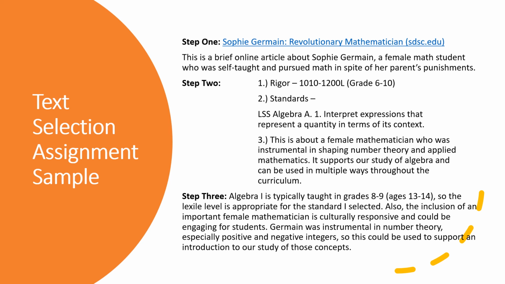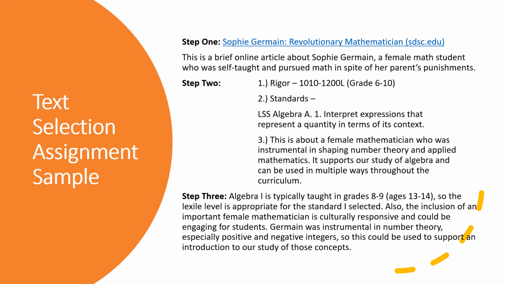The standards that it accomplishes, Algebra 1 says to interpret expressions that represent a quantity in terms of its context, and that's actually something that this article talks about that Sophie Germain became pretty famous for in that particular math aspect. It's about a female mathematician who was instrumental in shaping number theory and applied mathematics. It supports our study of algebra and can be used in multiple ways throughout the curriculum.